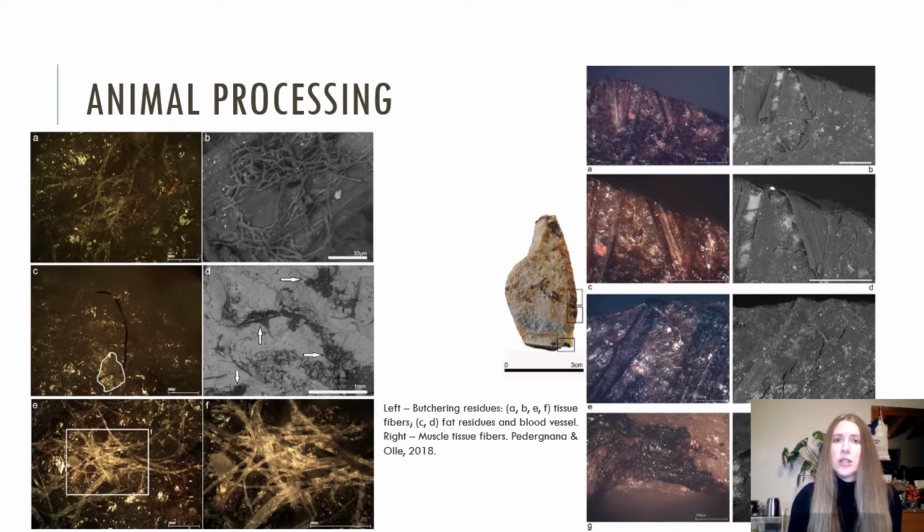Brownish-reddish fibers are observed to be muscular tissue, while fat residue can appear as smudges and fibrous strings. Blood vessels can also appear as dark, thin strings. And while SEM cannot observe color, such fibers can still easily be identified by their morphology.